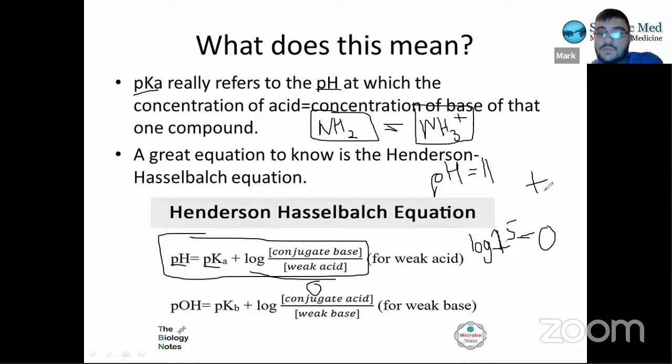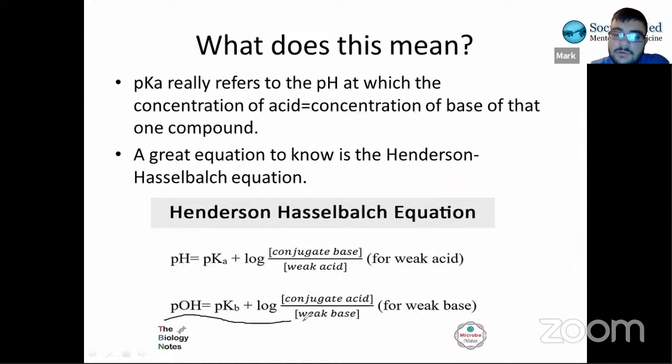That makes sense because there's more base than acid. Whereas if you had more acid, it'll be like log 0.8. Log of a decimal less than 1 is negative. So it'll be pH equals pKa minus a number, which is always less than the pKa, right?